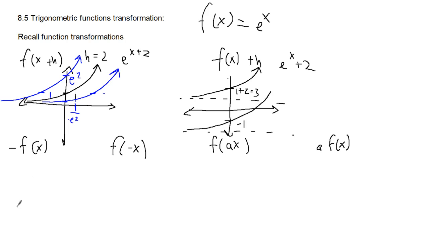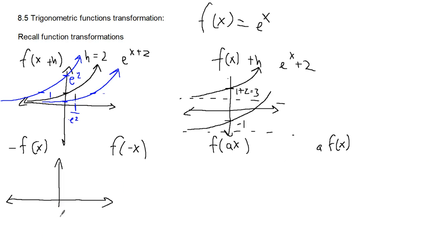What if you had negative f of x? If you have x equal to 0, you'll get 1. But if you make that negative, you'll get negative 1.